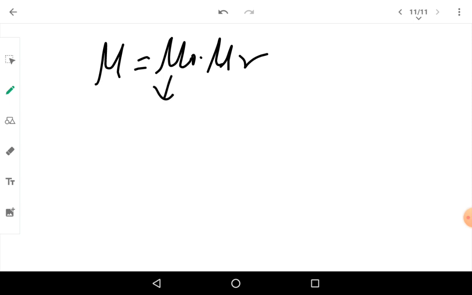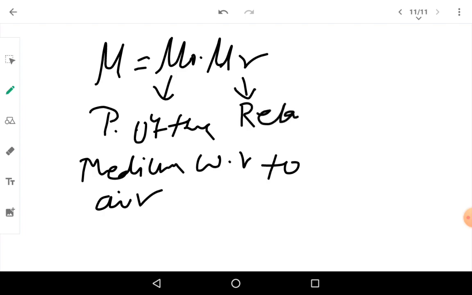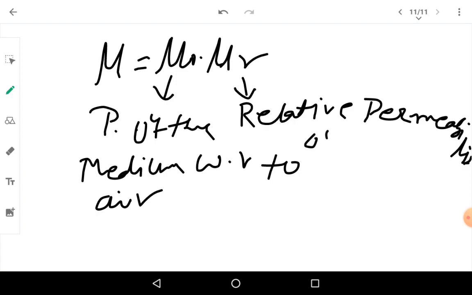This mu is the permeability of the medium, mu naught is the permeability of air, and mu r is the relative permeability of the medium with respect to air.